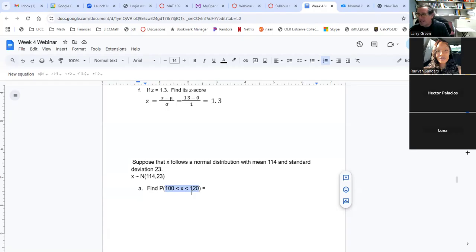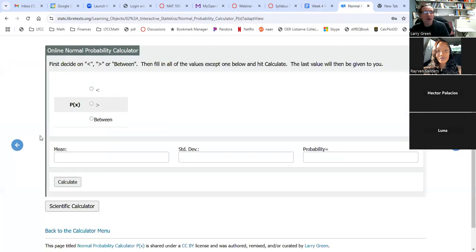Notice X needs to be less than 120, but it needs to be greater than 100. Another way of saying it is X is between 100 and 120. So we want between.